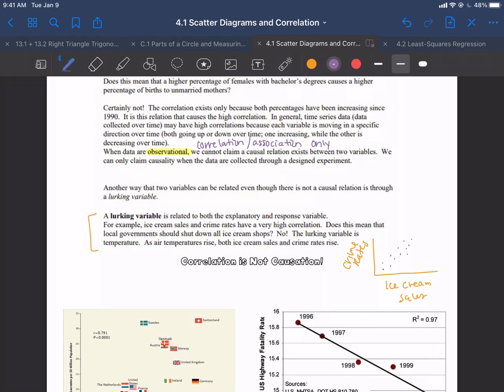One does not necessarily cause the other. But when you have a designed experiment, that's cause and effect. So you're studying, does what you're controlling have any effect on the outcome? So you could only claim causality when the data is collected through a designed experiment.